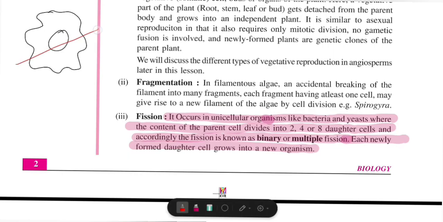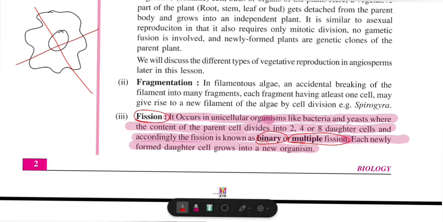It can divide into two. If it divides into two, it's called binary fission. If it divides into 4 or 8, then it is called multiple fission. So if it divides into 2, it's called binary fission, and if it divides into more than 2, that is 4 or 8, then it will be called multiple fission.